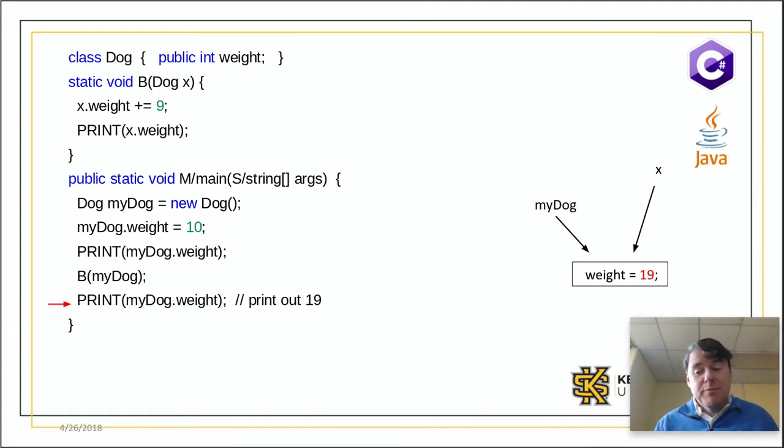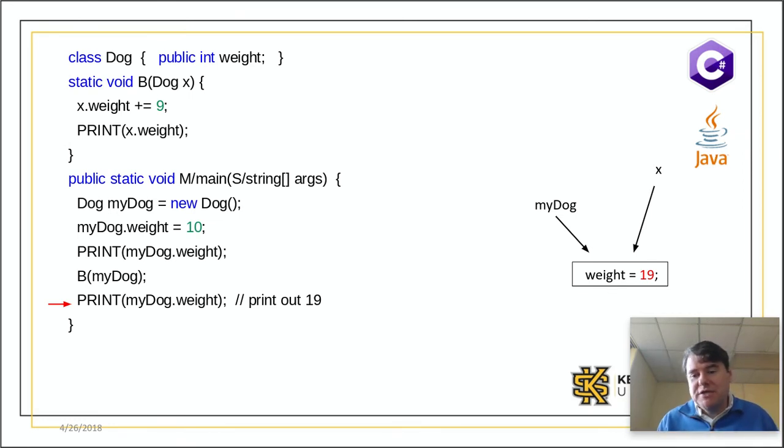Let me stop for a moment and refresh, because what I have just shown you are two examples that are seemingly very different. In the first example, I passed a primitive type, an integer. It could have been a float, a Boolean, or a character, but it was a primitive type. And when I pass a primitive type, a copy of its value is passed to the method. But when you pass an object, what you're getting is a copy of the location of the object in memory.